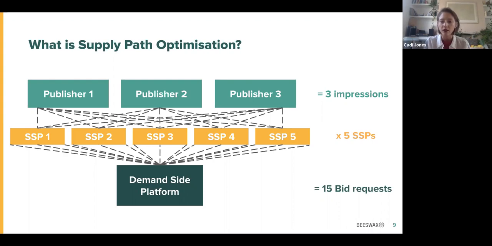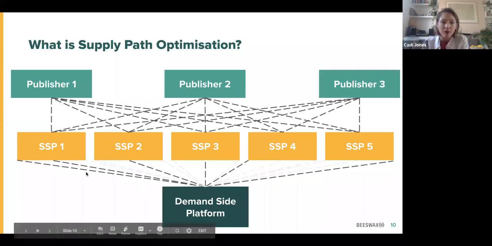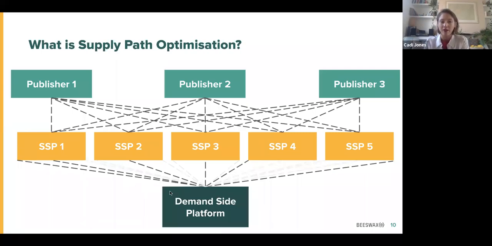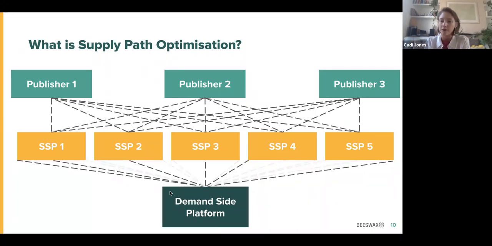So if I go to the next slide, you might see that the DSP might set up with a certain publisher to only receive, in this example, where I've still got 3 publishers, SSP1 only sending bid requests from publisher 1 and publisher 2, but ignoring the bid requests from publisher 3 when they're sending them to that particular DSP.